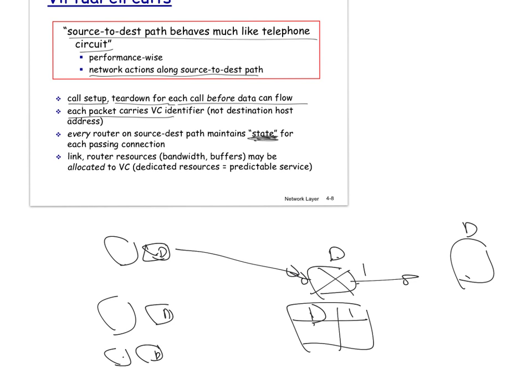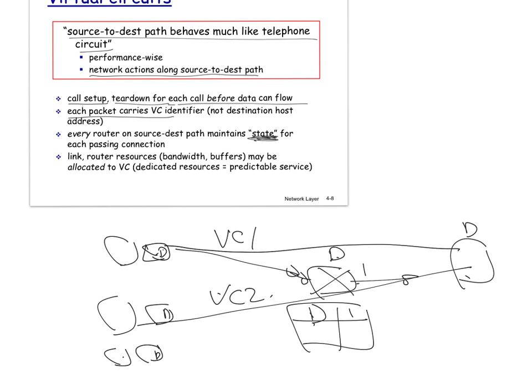I don't care. For virtual circuit, no, you cannot do that. First you have to establish a connection between this one and this one. And this one will have virtual circuit 1, and this one will have virtual circuit 2, and this one will have virtual circuit 3.